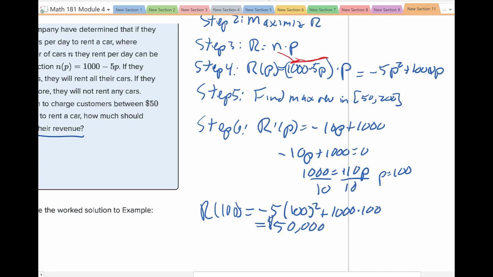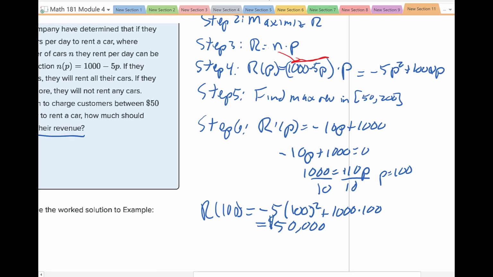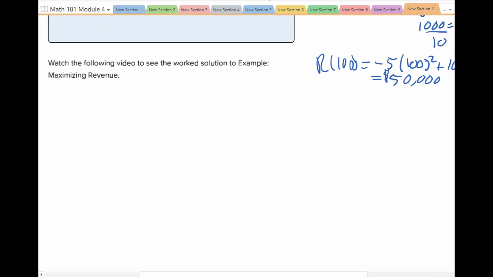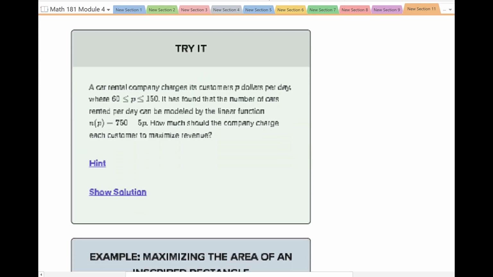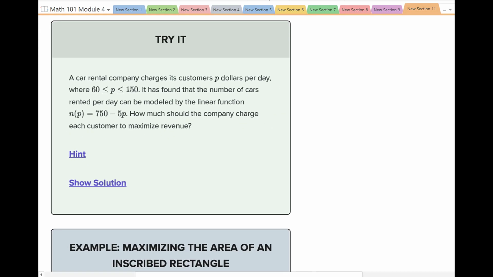Okay, let's keep going. Another car rental problem. Okay, so in this case, our revenue in terms of P would be the price times 750 minus 5P.